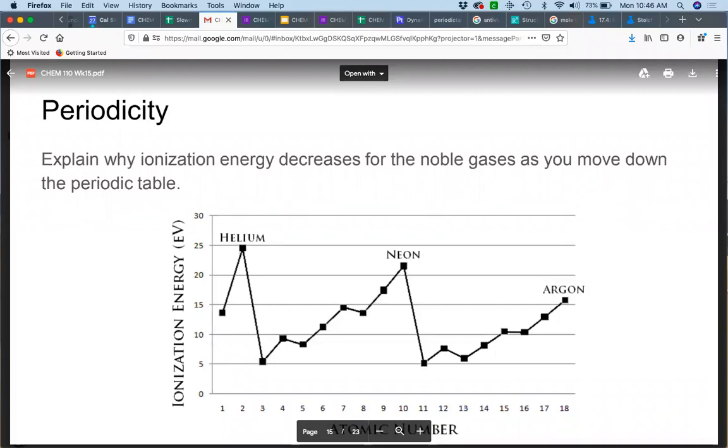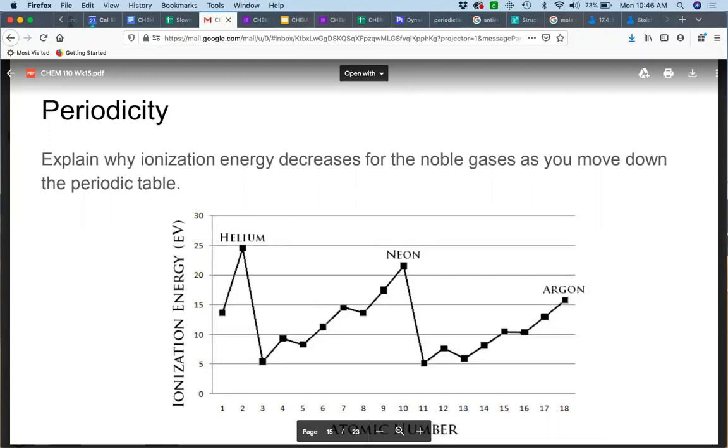If you're thinking to yourself, okay, maybe I need a periodic table for reference, that's great. I highly recommend that you find one. Then you're taking a look at the diagram that we're being given here. So notice we've called out 3 noble gases: helium, neon, and argon.